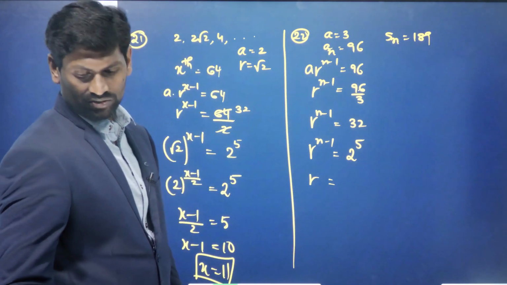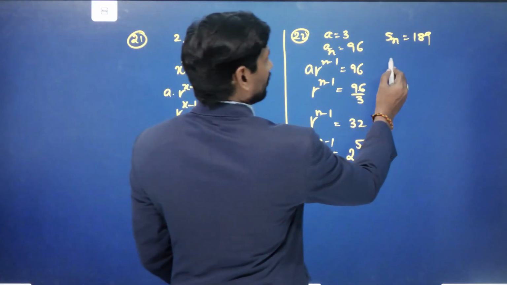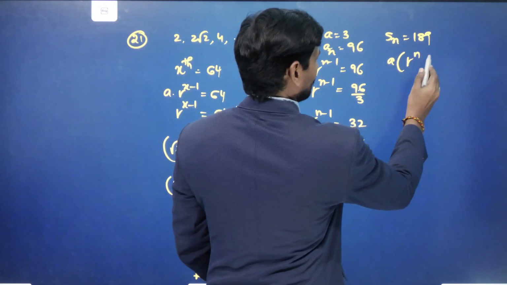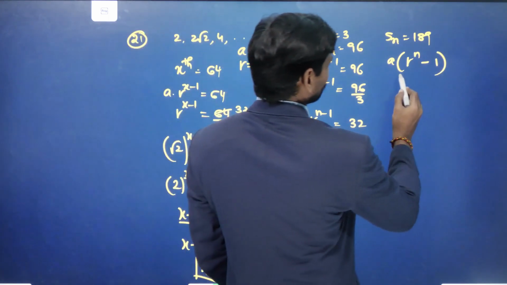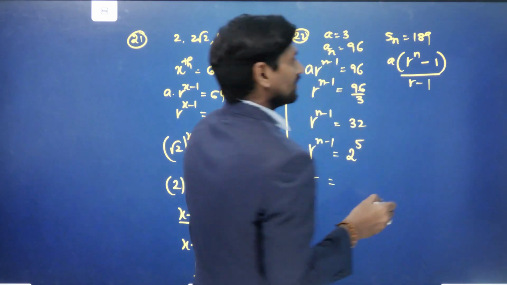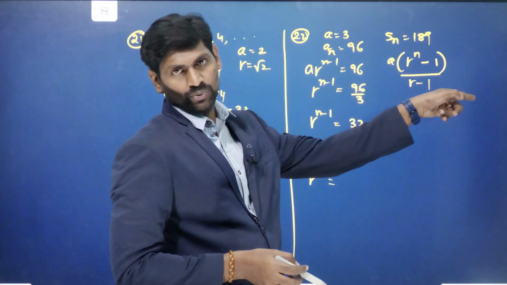Now let us apply the Sn formula: a into r power n minus 1 by r minus 1. But here r power n minus 1 is different.